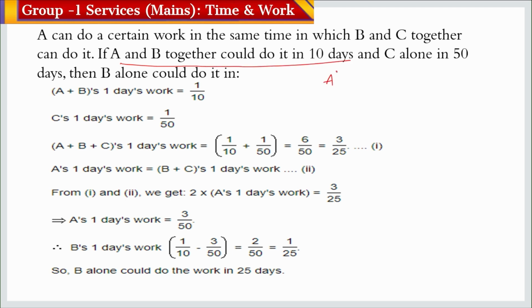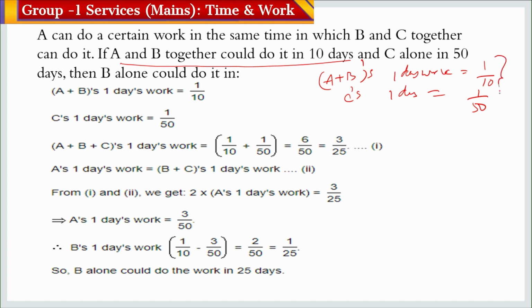Okay, A and B together can do the work in 10 days. So A plus B's 1 day work is how much? 1/10. Correct? And C can do the work alone in 50 days, means C's 1 day work is 1/50.